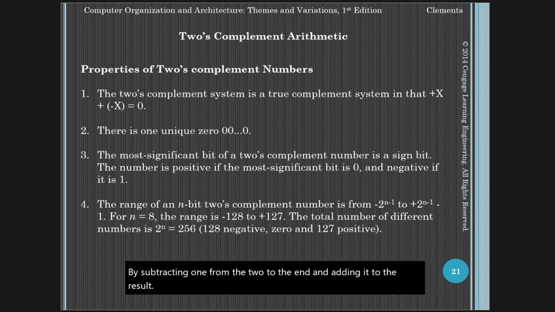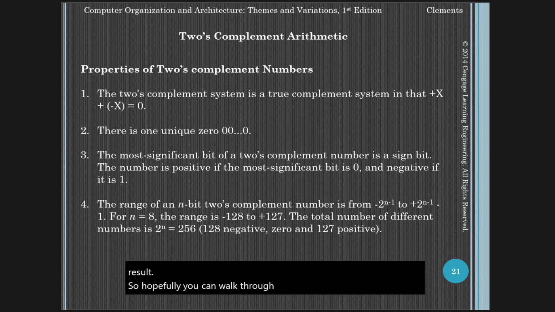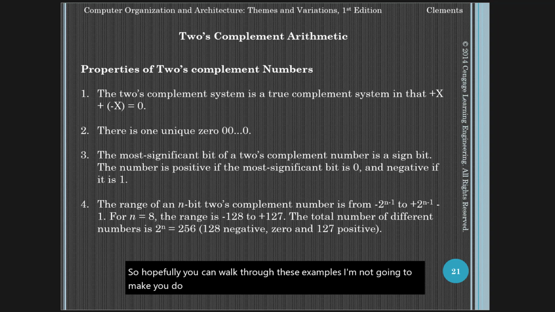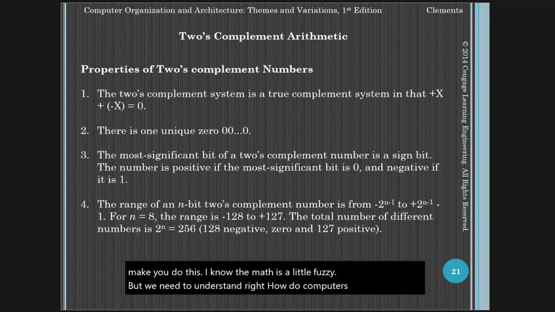So hopefully you can walk through these examples. I'm not going to make you do this. I know the math is a little fuzzy. But we need to understand how computers think about binary arithmetic.